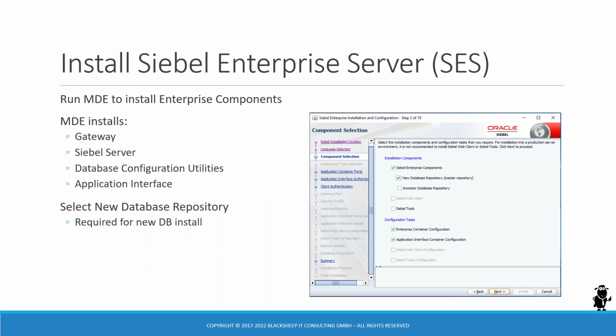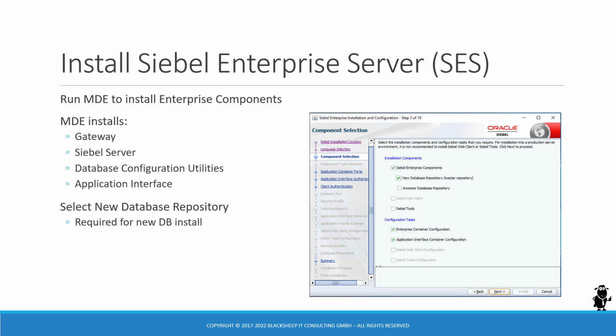So again, the relevant zip files have been extracted. And Siebel Enterprise component means any service that can run on a Siebel server machine. That includes, of course, the Siebel server itself, the gateway or cloud gateway as it's sometimes called, and the application interface. So there's no separate choice, other than that you define later to configure the installation for the enterprise container or application interface container.